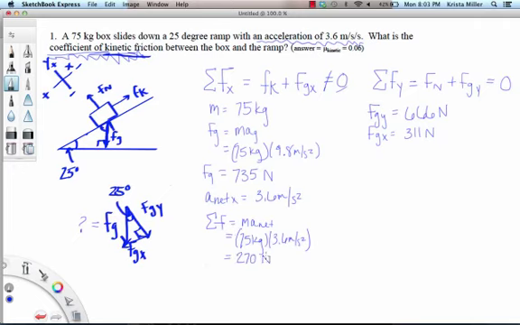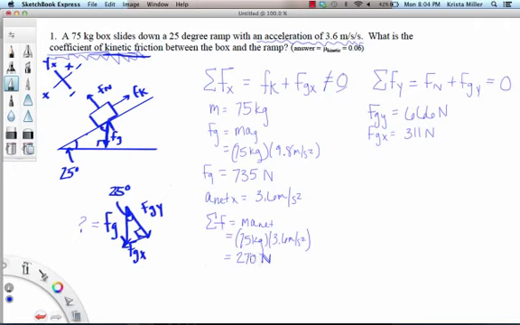Now, here's what you're going to want to think about. This is the part where you really got to watch your signs. It's sliding down the ramp with an acceleration of 3.6 meters per second squared, right? So we set down as being positive.